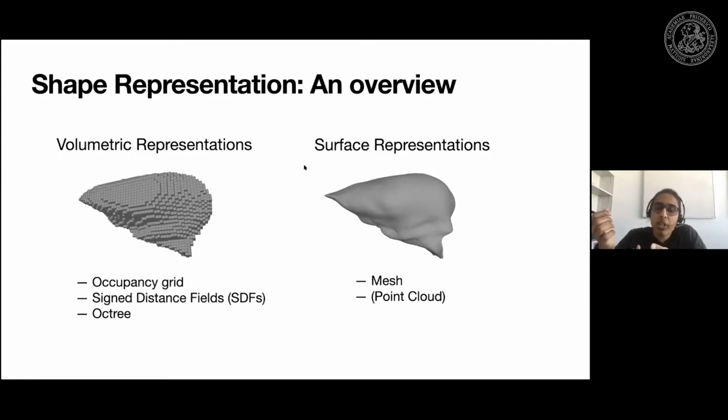You can say point clouds also fall under surface representation, but I put it in brackets because it does not necessarily have the face information as in a mesh, but still it has the points on the surface. So these are the more common ways of representing objects or shapes in 3D.